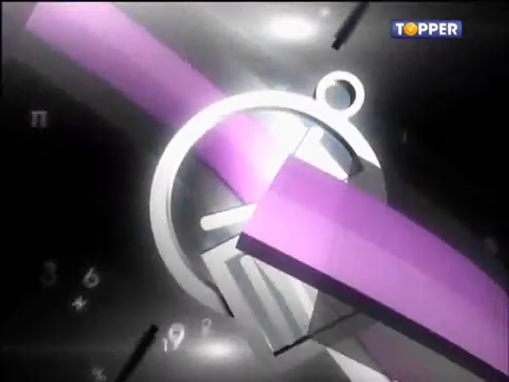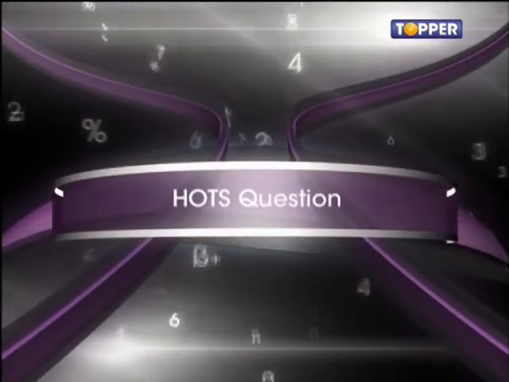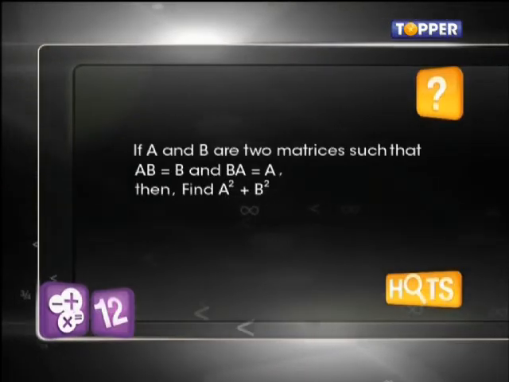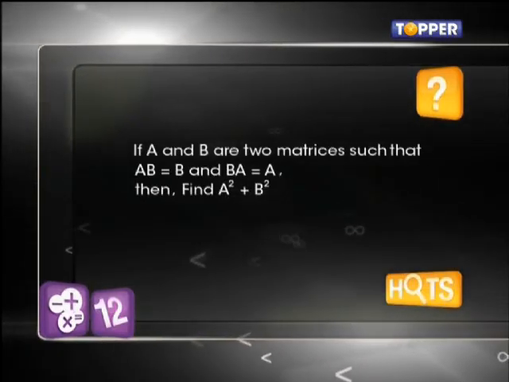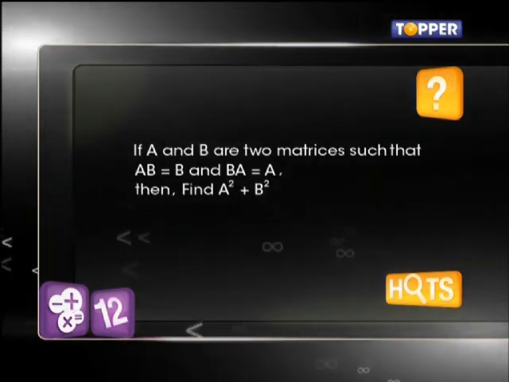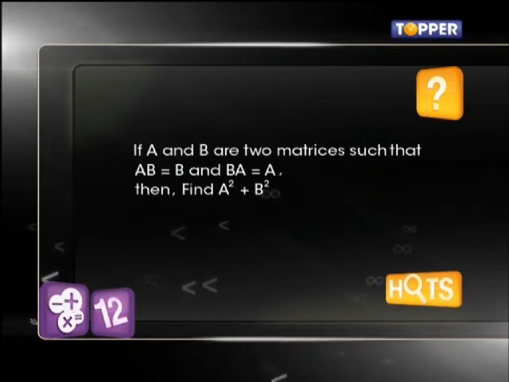Well, if that's gotten you all warmed up, then it's time to go in for a HOTS question. These questions have been introduced by the CBSE to test high-order thinking skills on your part. So let's take a look. If A and B are 2 matrices such that AB equal to B and BA equal to A, then find A square plus B square.